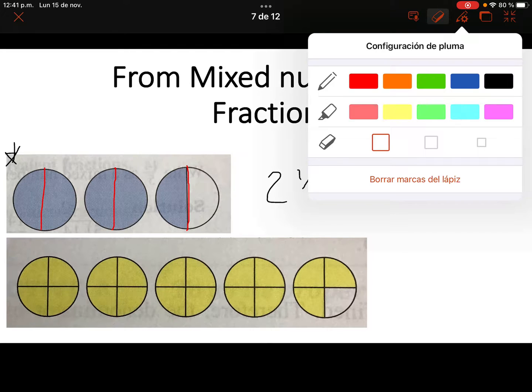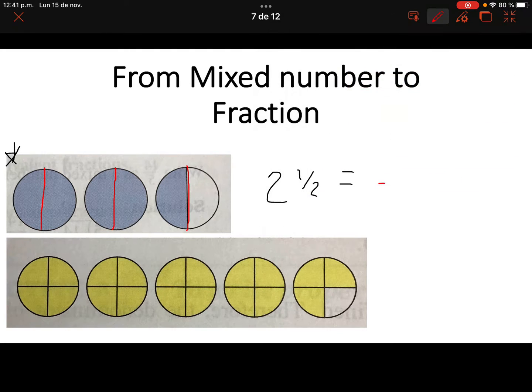The denominator is 2 because it's the number of parts in which we divide each circle. And the shaded parts are the numerator, the 1, 2, 3, 4, and 5. This is one way to transform from a mixed number to a fraction.